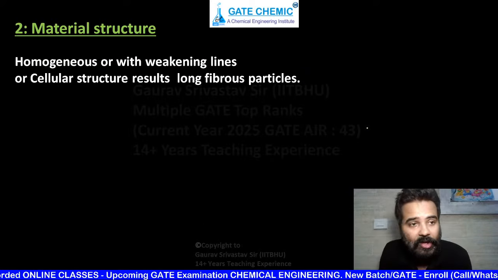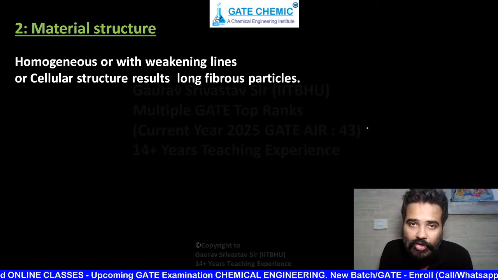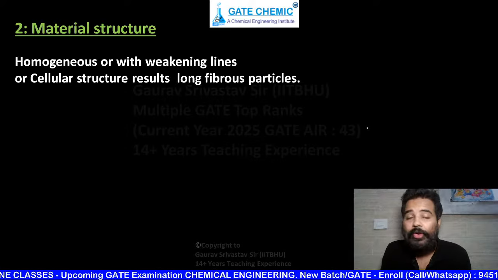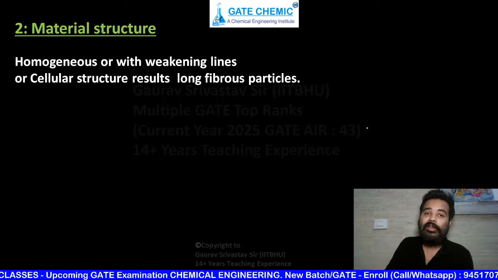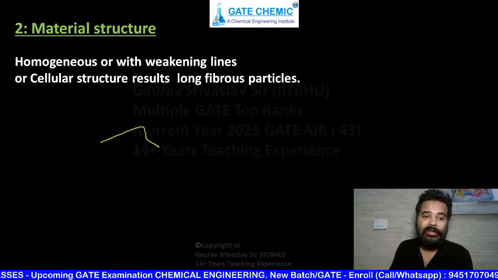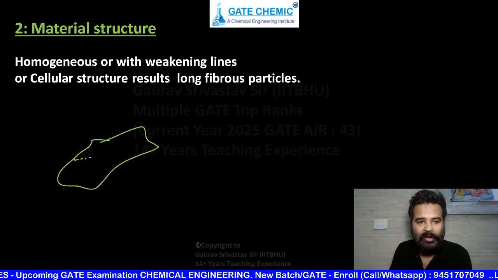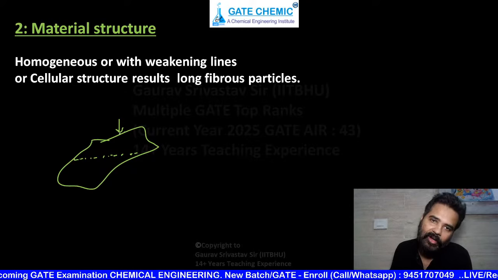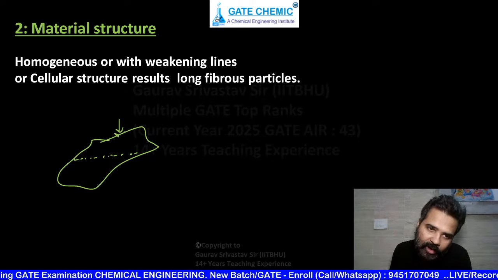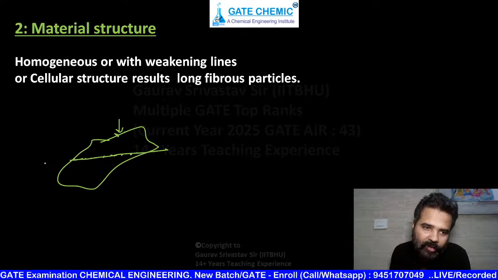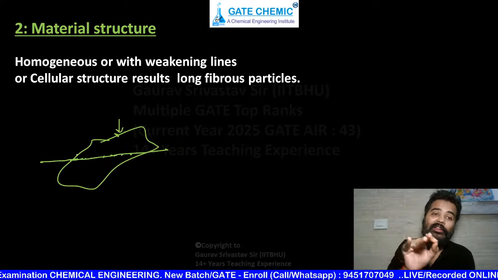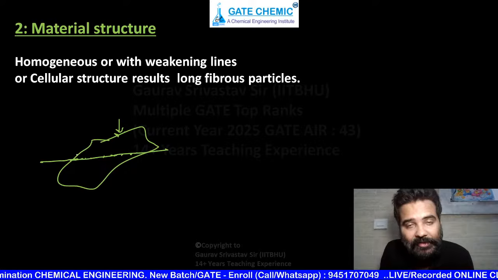Material structure. Size reduction is also affected by material structure. When you are going to break any material, like if this is the material, there may be some weakening line along this axis. So when you hit here, it is not going to break from here, automatically it will break from here. Okay, so materials break from their weakening points, weakening lines.